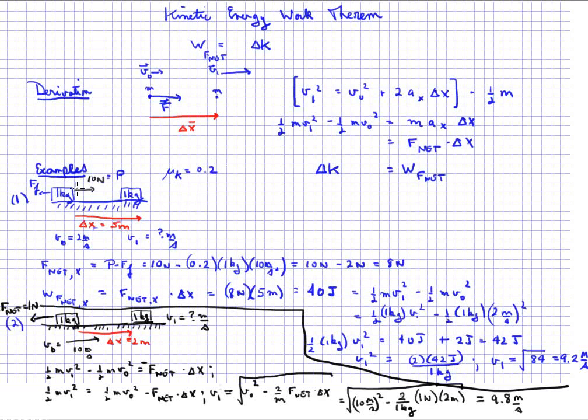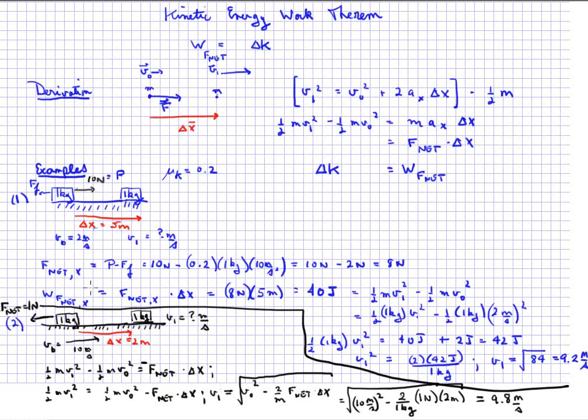And this 1 kilogram mass then has a push P applied to the right of 10 newtons and a backwards frictional force of F sub F. And it undergoes a displacement of 5 meters, the whole time while it's displacing, this P and this F sub F are applied. And let's say that initially its velocity was 2 meters per second going to the right. And finally, we'd like to know what the velocity is.